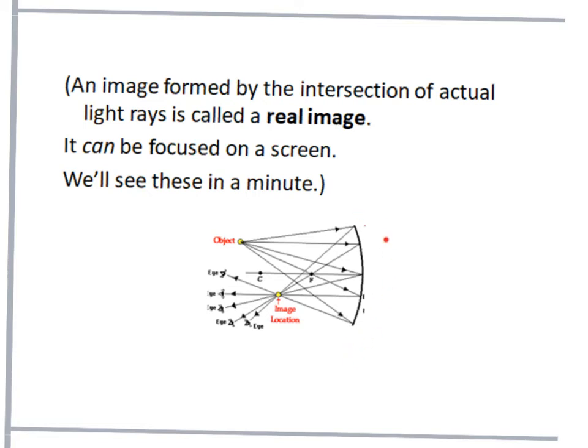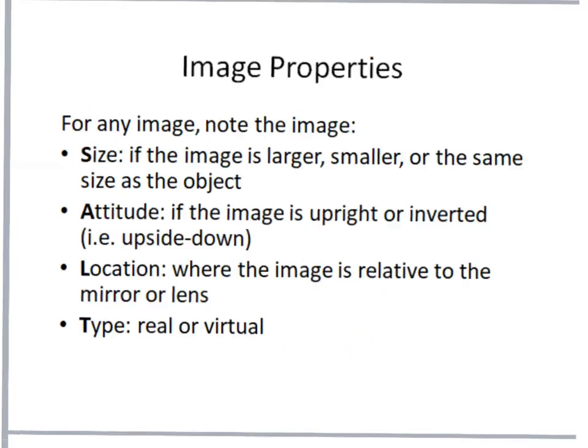Here we have a curved mirror. Don't worry too much, we'll get into that next lesson. When we're describing the properties of the image, we use SALT, S-A-L-T, as an acronym to help us describe it. We have size, so is the image smaller, larger, or the same size as the original object?